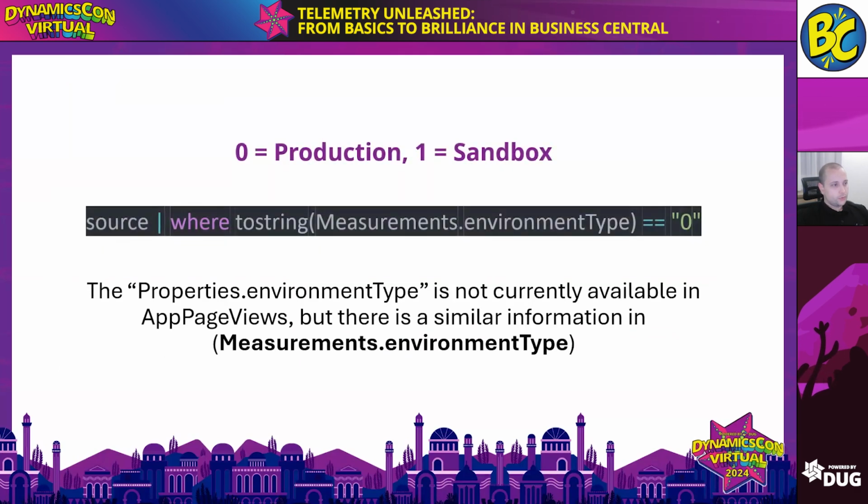For app page view rules, there isn't much to filter out. However, we focus only on signals from the production environment. We need to use similar information from measurements. Although the environment type property doesn't exist in this table, it is available in measurements, with 0 representing production and 1 representing the sandbox environment.